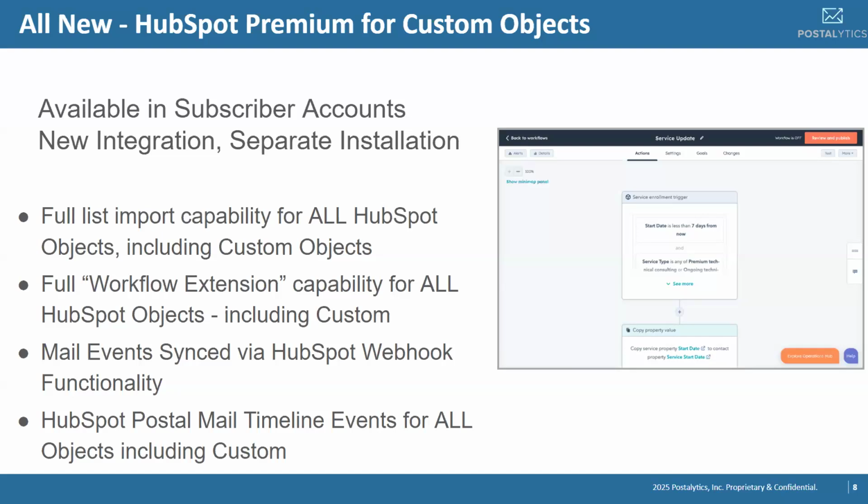As an example, we have a partner that we work with in the telecom category that is building out an entirely telecom-based set of software on top of the HubSpot custom objects. We're seeing the same thing in the nonprofit sector, and I'm sure it's happening in a lot of other sectors as well. Being able to tie direct mail in a very sophisticated, advanced way into these customized objects is really a big update from us.